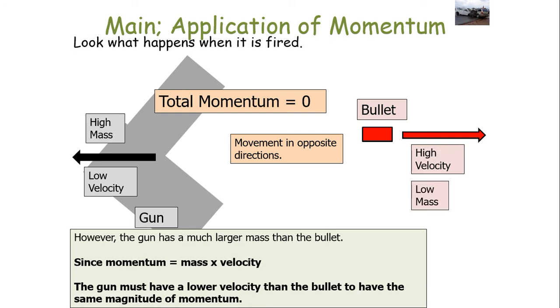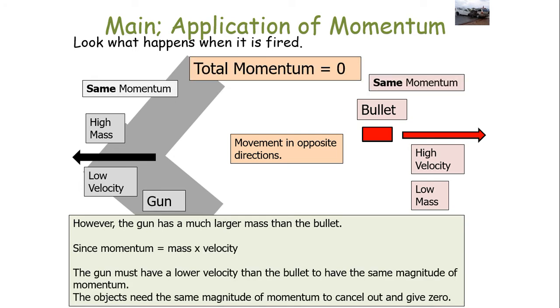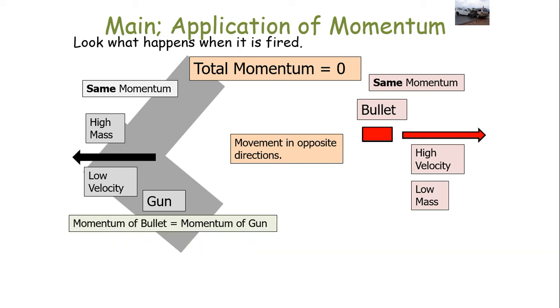Now let's think about this. The bullet has a lower mass than the gun, so for mass times velocity to equal mass times velocity, if it's got a lower mass than the gun, it must have a higher velocity. So the gun must have a lower velocity than the bullet to have the same magnitude of momentum, because the objects need the same magnitude of momentum to cancel out and give 0, because the plus and minus numbers must be the same.